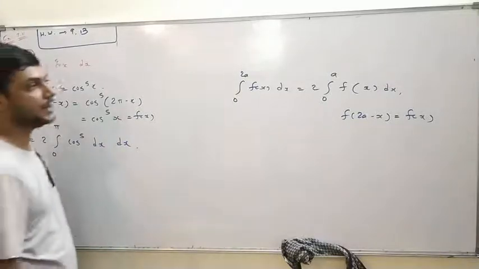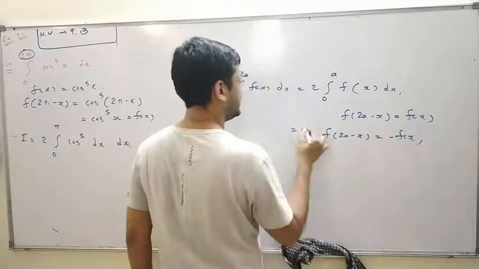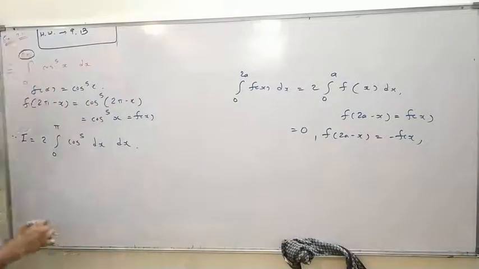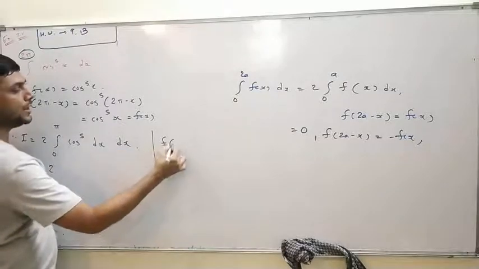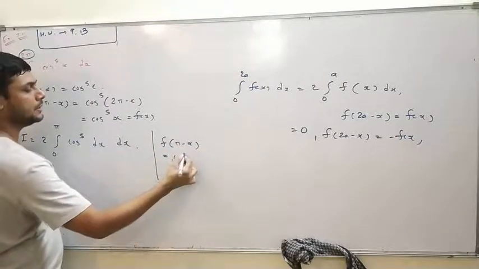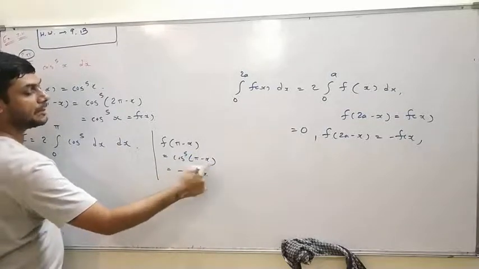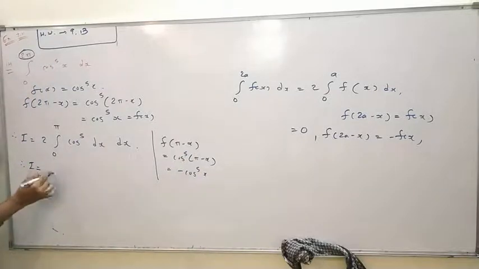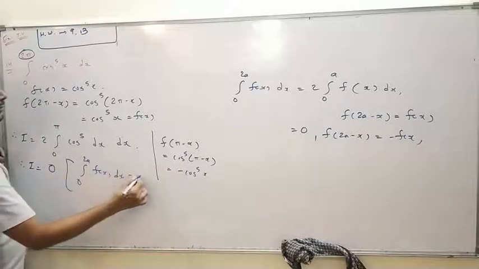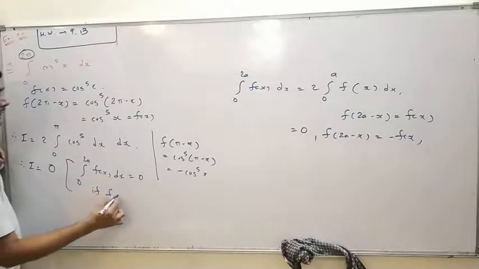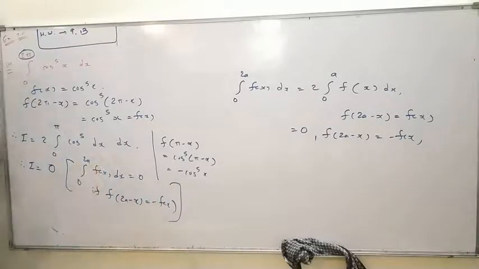Another property was: if f of 2a minus x is equal to minus f of x, then the answer is 0. So now 2a is pi, and cos raised to 5 of (pi minus x) is minus cos raised to 5x, since pi minus is the second quadrant where cos is negative, so the answer is 0. The answer is 0 by this reason, but doing it this way is better.